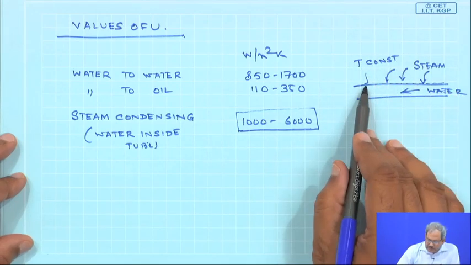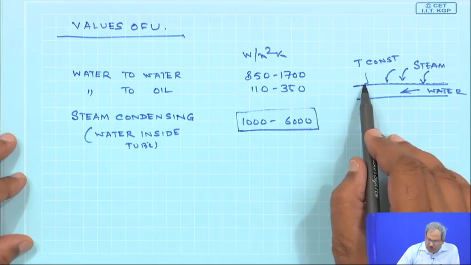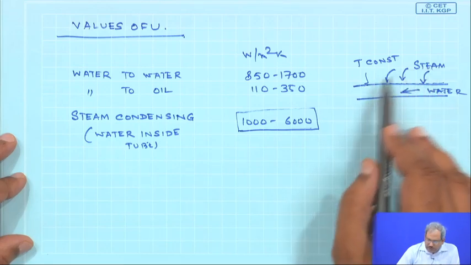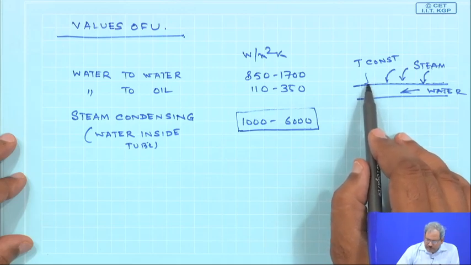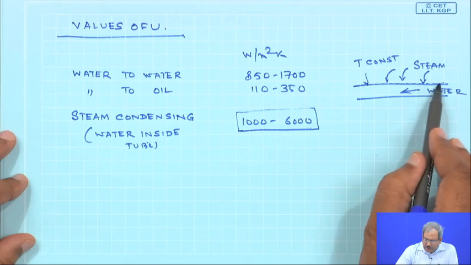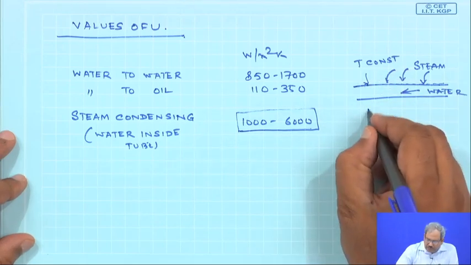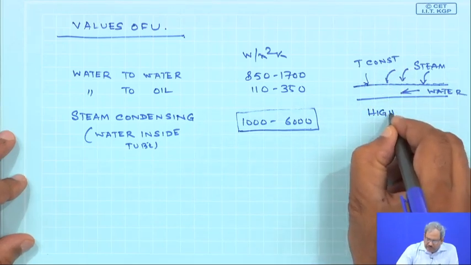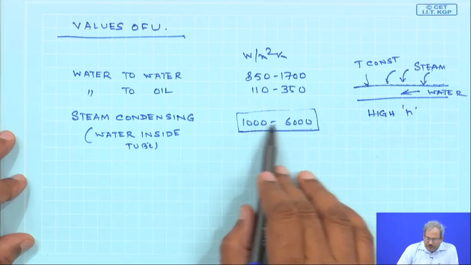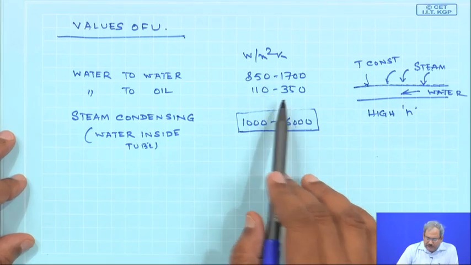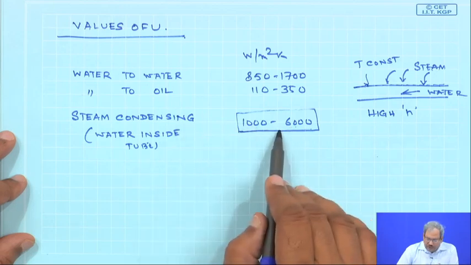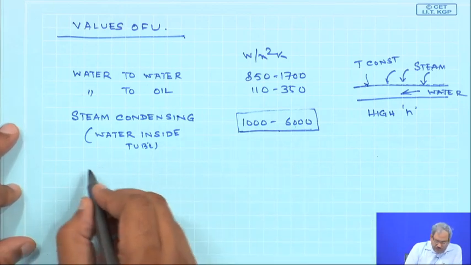Not only the temperature of the surface is going to be constant, which would correlate to the pressure of the saturated steam that you have, this is also going to maintain a constant temperature and a very high value of heat transfer coefficient. So, the value of heat transfer coefficient is significantly larger than the others, and therefore, steam condensing is going to give you a high value of heat transfer coefficient.